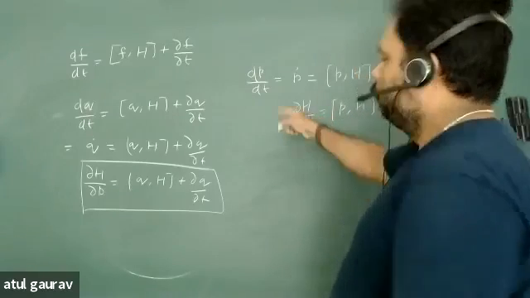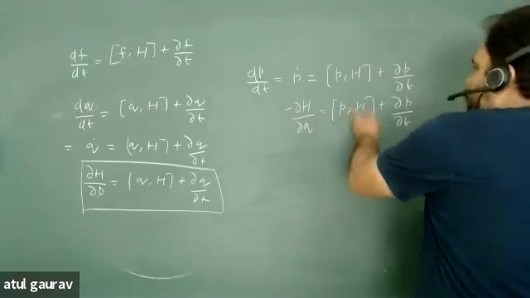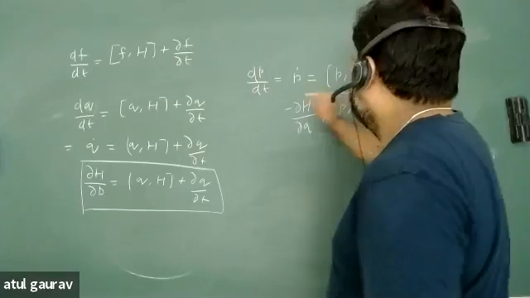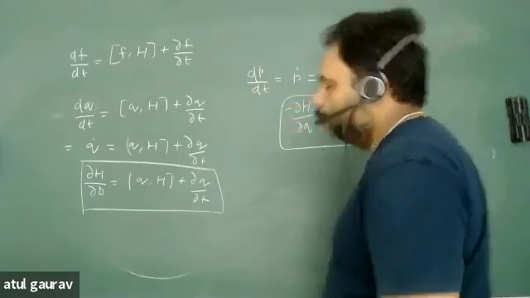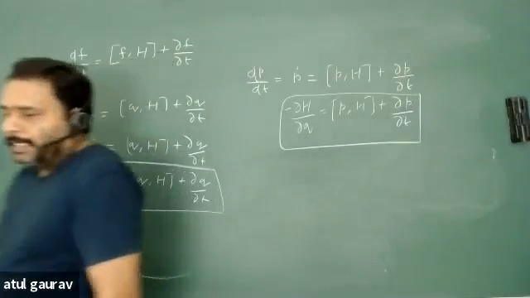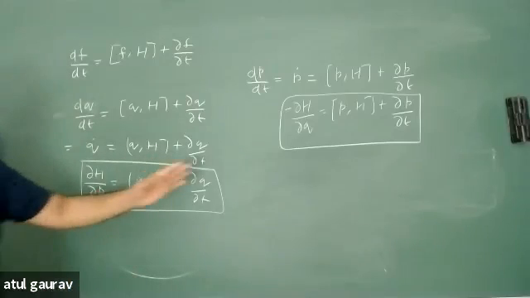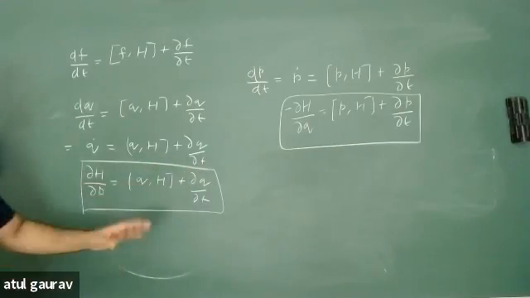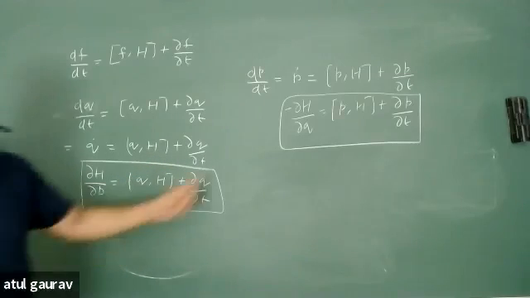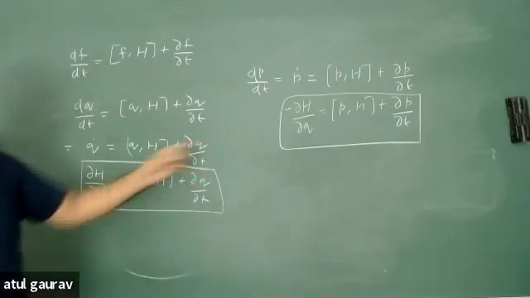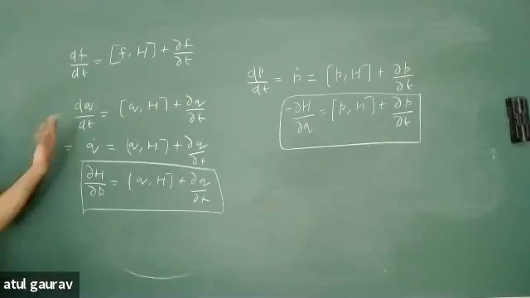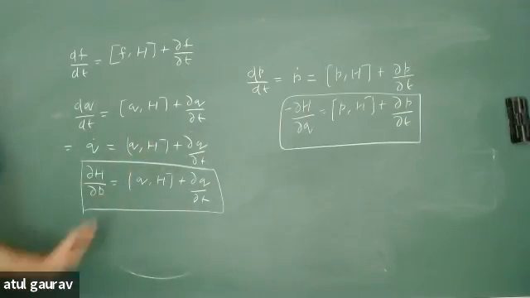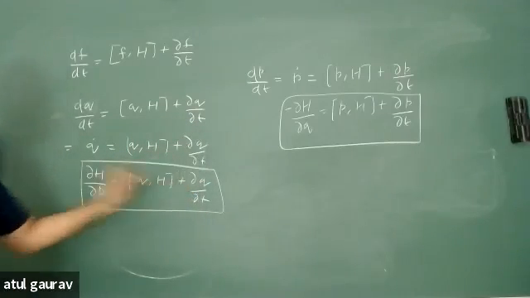Now if you want to change this minus sign, I can change this one, and this one will also change, but I am just keeping this one the same. So this is basically the Hamiltonian equation of motion in Poisson bracket form. This is one of the favorite questions in your exam: write down Hamiltonian equation of motion in terms of Poisson bracket.